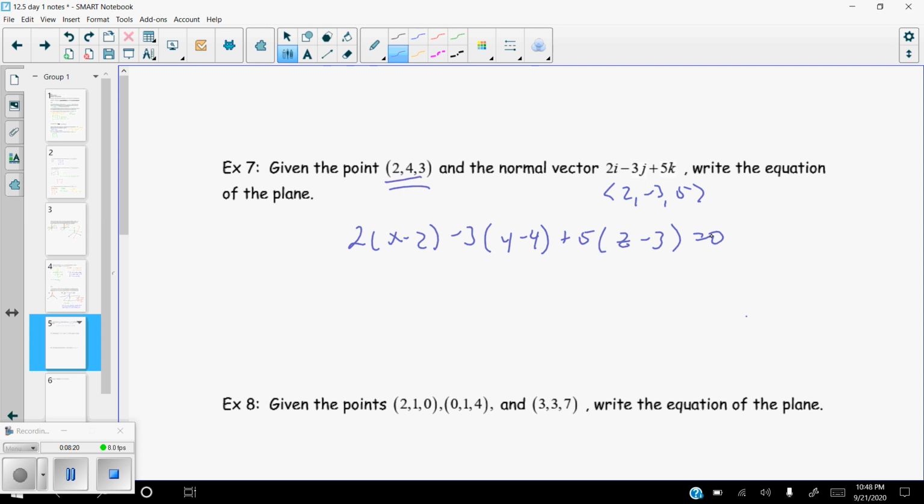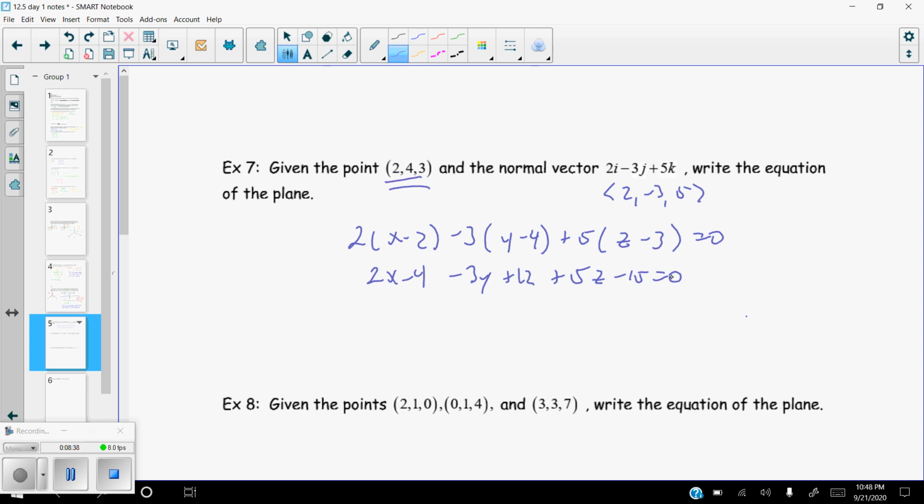Now we are going to go ahead and simplify this, so we're just going to distribute everything through. So we're going to get 2x minus 4 minus 3y plus 12 plus 5z minus 15 equals 0.